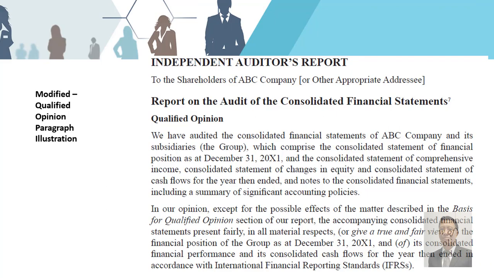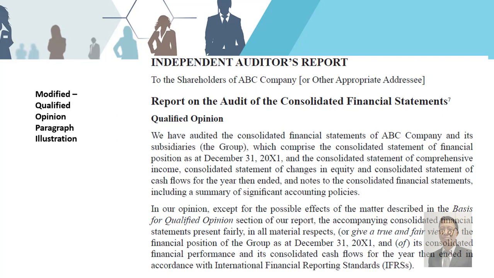So this is an example of the qualified opinion paragraph or paragraphs. You can see here, same as the unqualified opinion, but the difference will be in the second paragraph, where they are telling about "except for." It says there, possible effects of matters described in the basis for qualified opinion section.